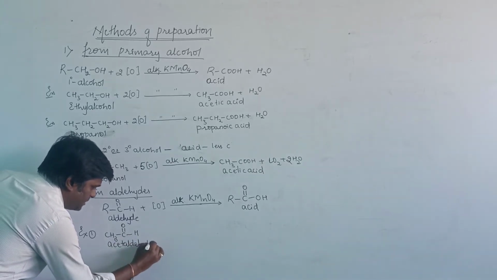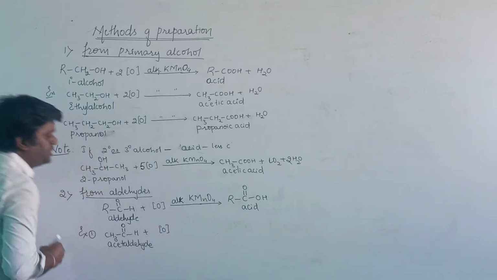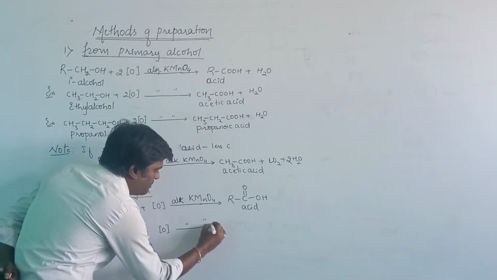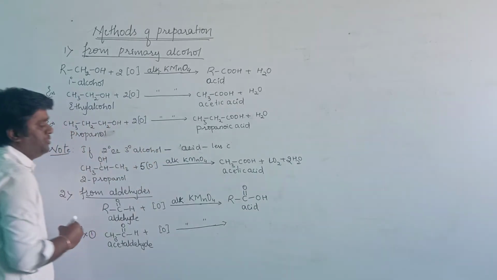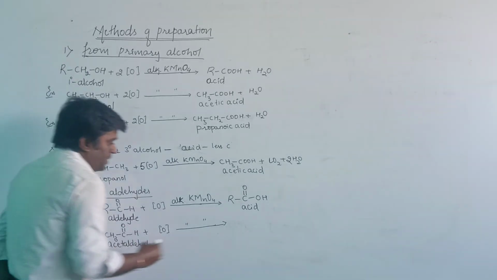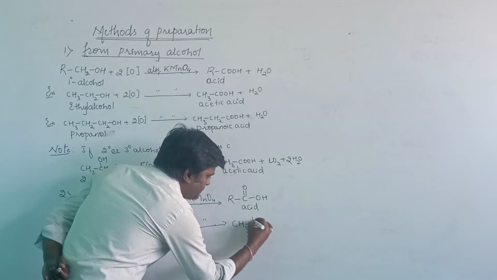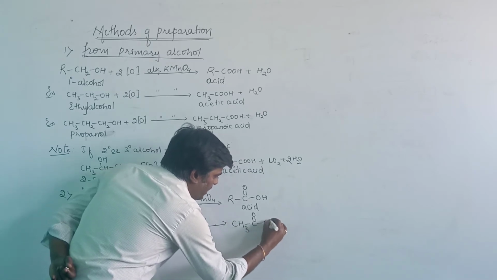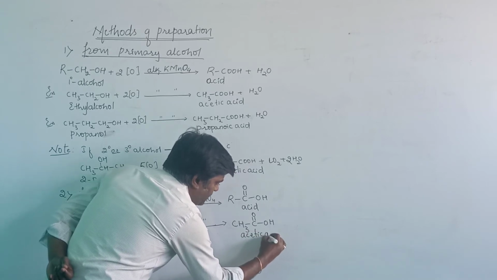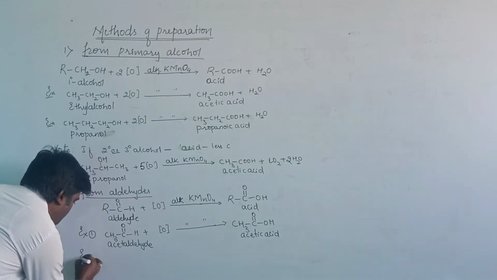When the acetaldehyde reacts with oxygen, it undergoes oxidation in the presence of alkaline potassium permanganate, and it will give the acid, that is acetic acid. The acetic acid formed here is CH3COOH. The compound is acetic acid. And we can take another example here, example number 2.